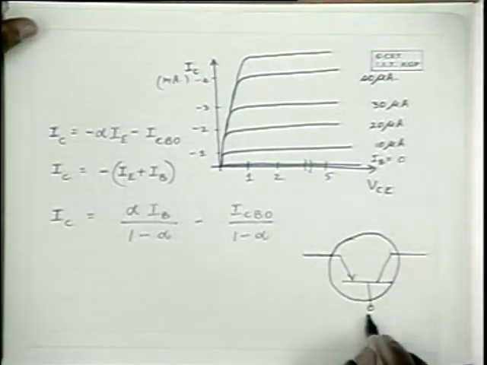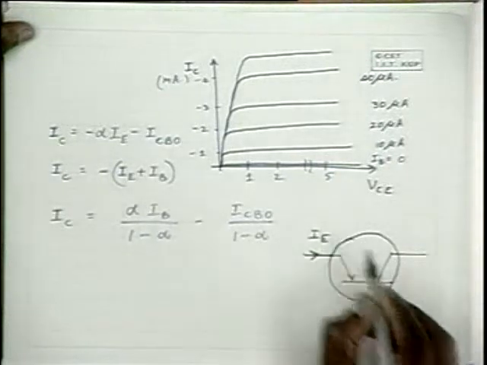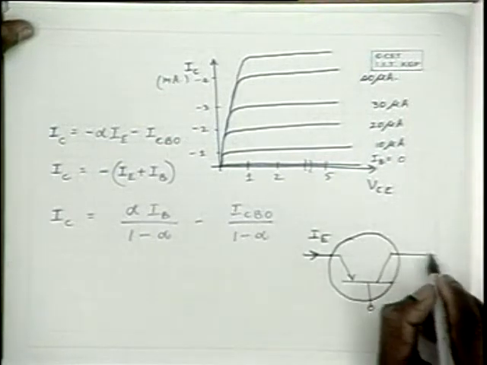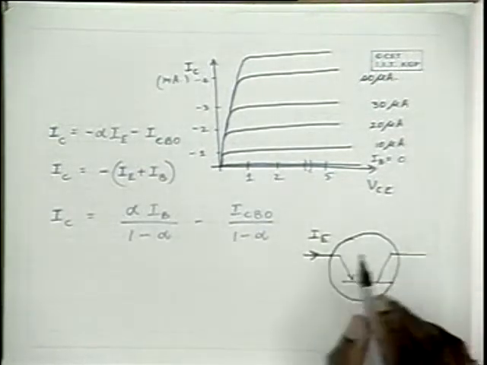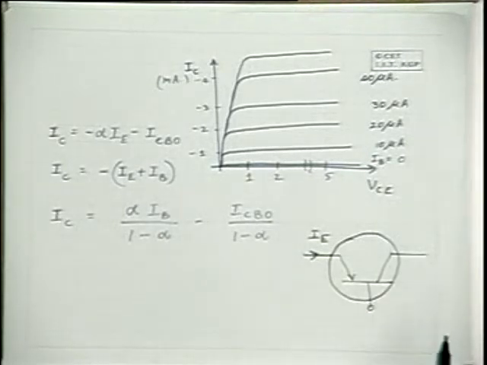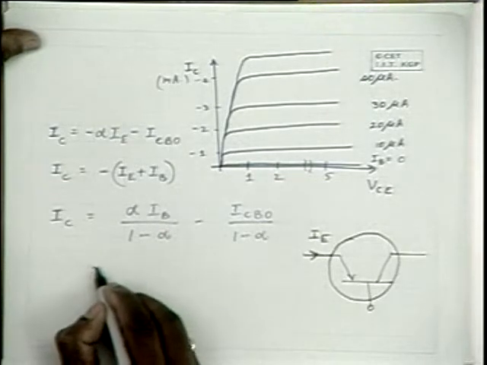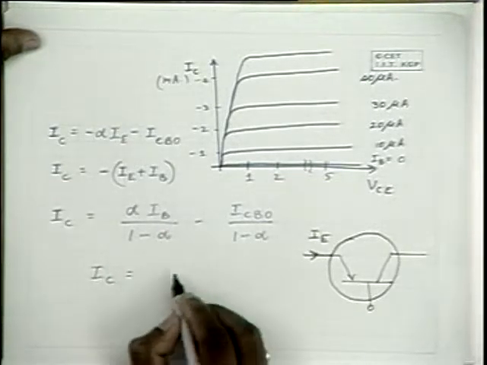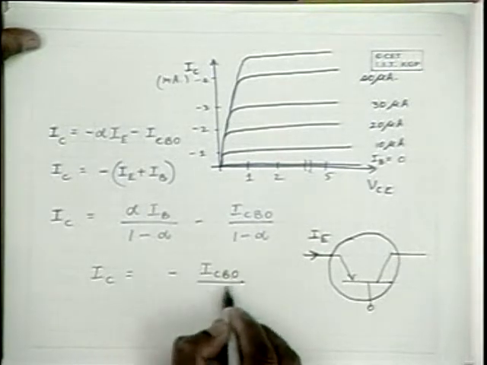So what is the current that flows into the emitter, naturally that is what comes out of the collector. IC is equal to minus IE in this particular case, then IB is equal to 0. If you substitute IB equal to 0, you will find that this IC is minus ICBO by 1 minus alpha.